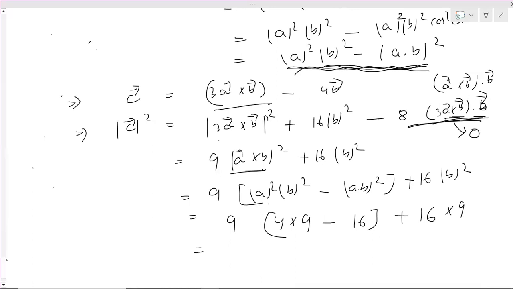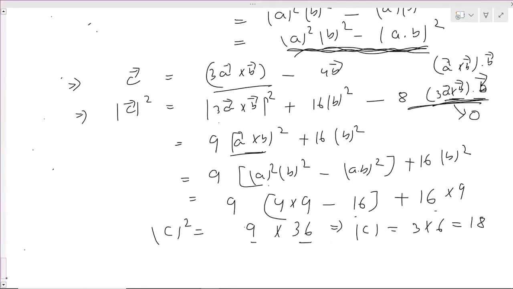All right. So we can take 9 common. 16 plus 16 is 0. So this is 36. Mod C square is this. So mod C is 3 into 6, which is 18. Got the answer? Okay.